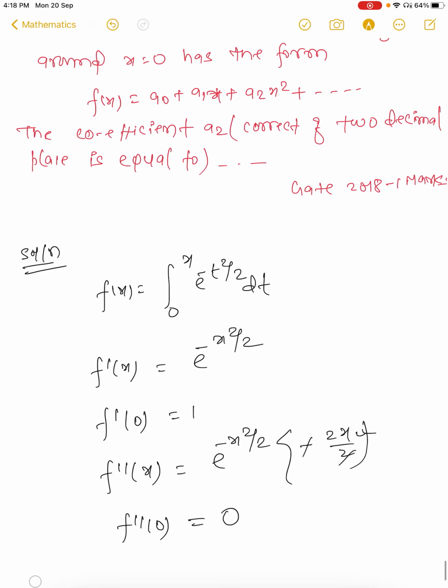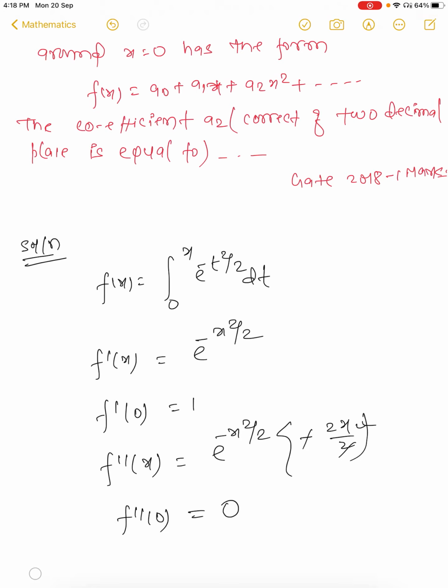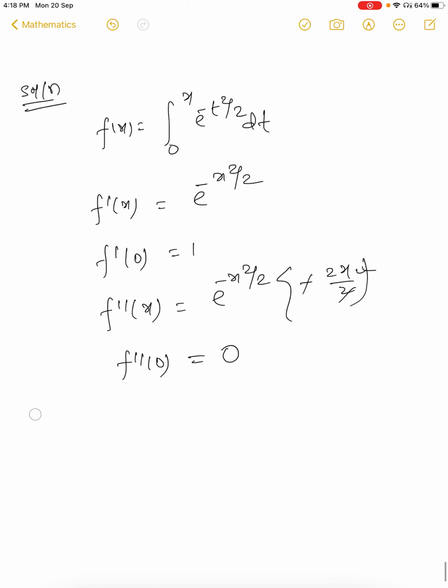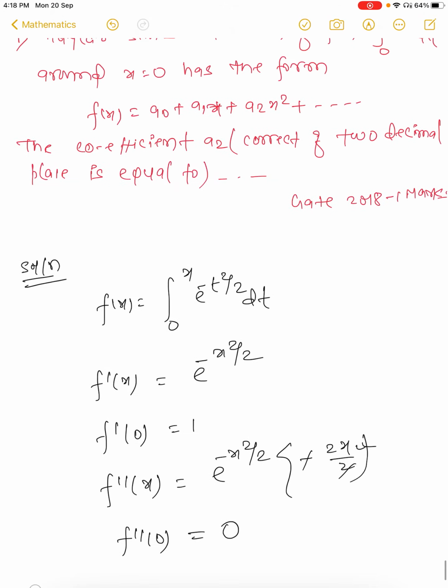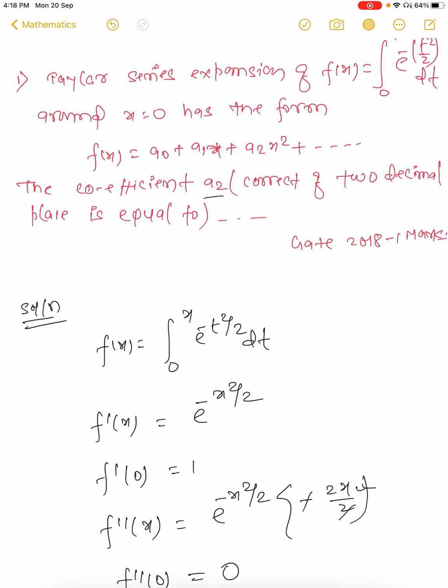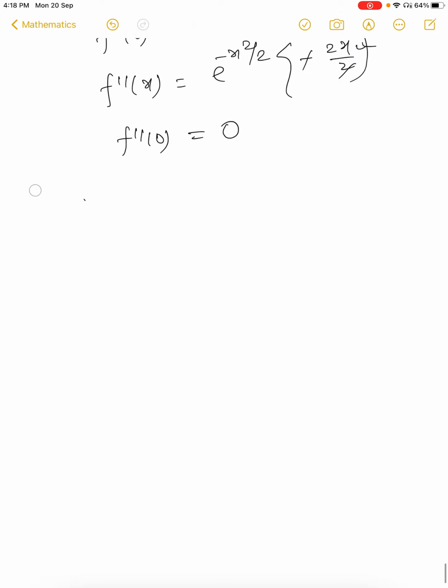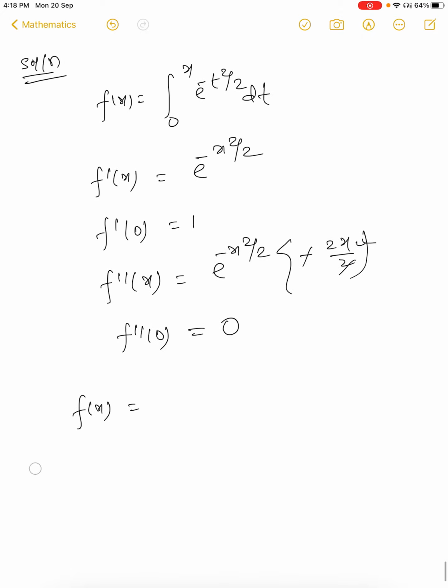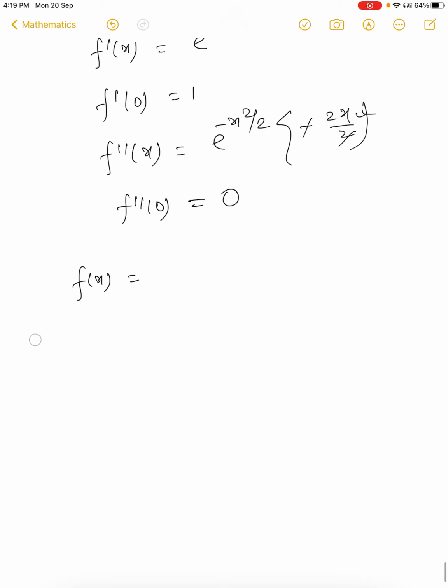Okay, so what will happen? We have to find the a2 coefficient. Here f(x) is given; what is f(x)? It is the integral from 0 to x of e^(-t²/2) dt.